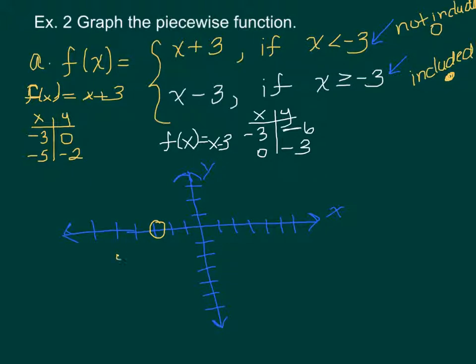And it's good if you use graph paper. And then this line is going down because we only want x values that are smaller. Now over here, my points are -3, -6. Remember, this one is included. And 0, -3. And those are going in this direction because they want x values that are larger. And there's your piecewise function.